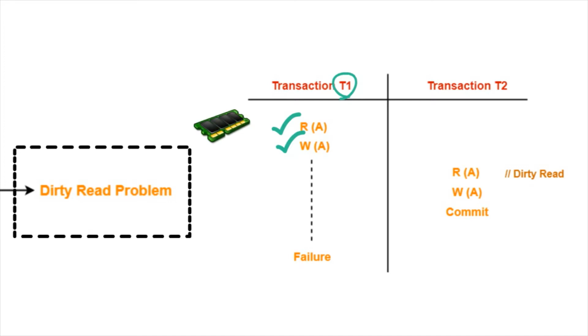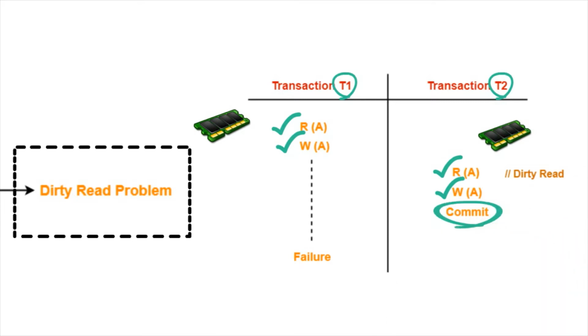Now transaction T2 also reads the value A from the buffer, and T2 writes the updated value of A. Now try to understand here that transaction T2 commits.